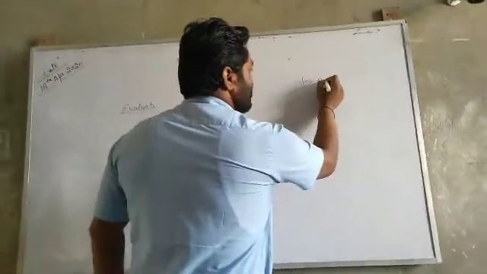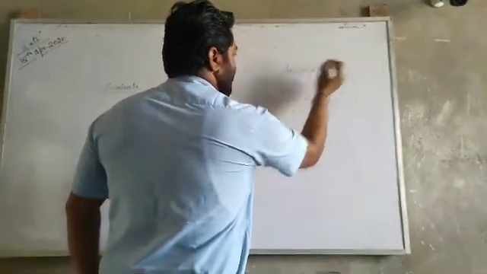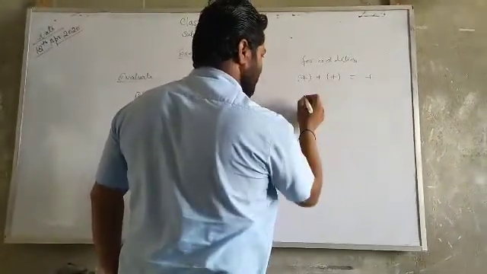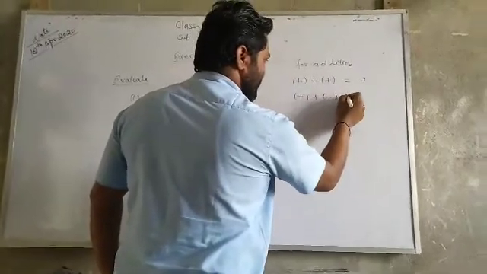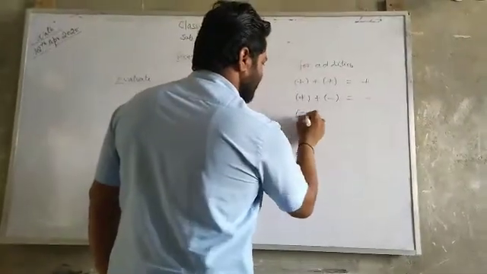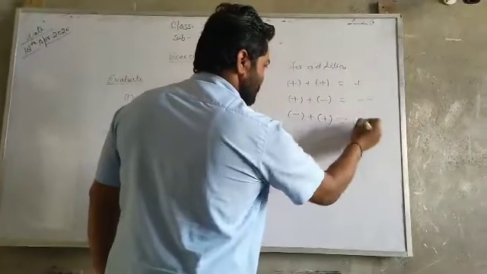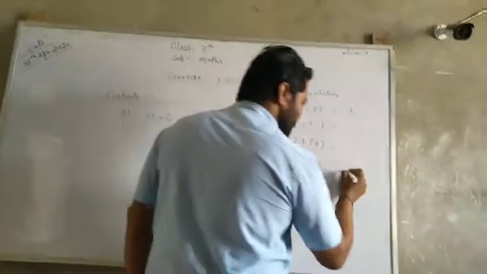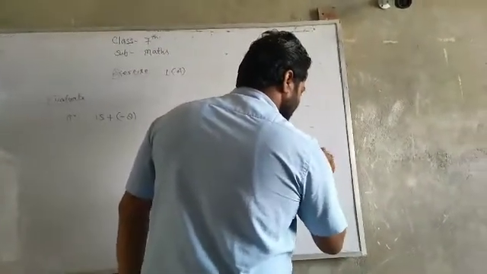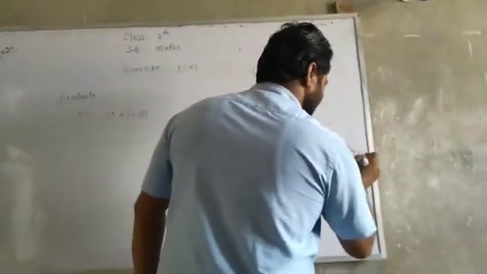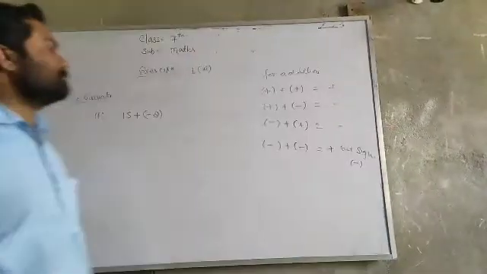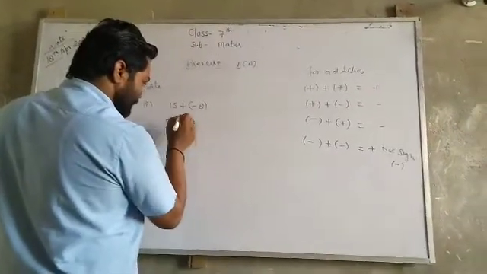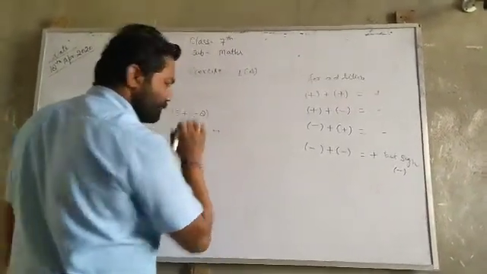For addition, if plus and plus, then plus. Plus minus is equal to minus, minus plus is equal to minus; with plus minus or minus plus, take the sign minus. 15 plus minus 8, 15 minus 8 is equal to 7.